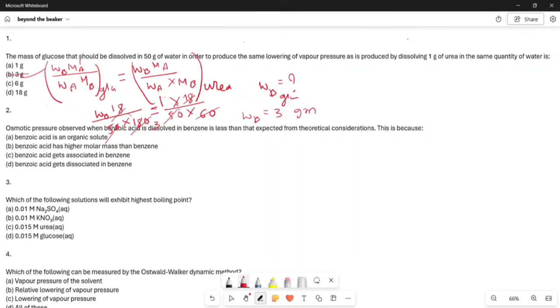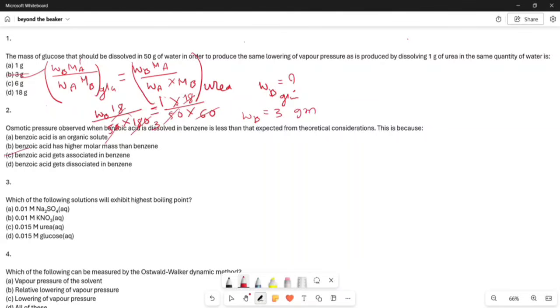When any solute undergoes association, the number of solute particles decreases. As the number of solute particles decreases, osmotic pressure also decreases. So the answer is C.